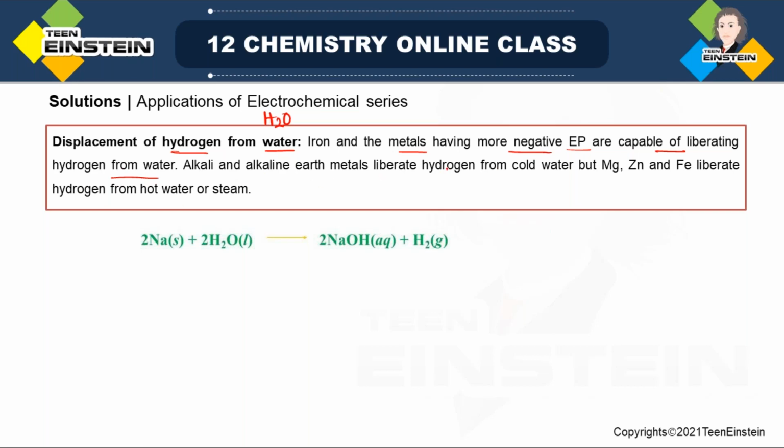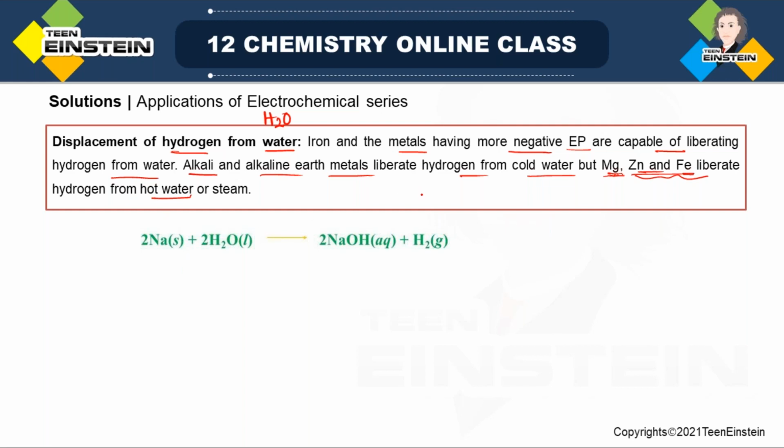But alkali and alkaline earth metals, like sodium, magnesium, calcium, etc., can liberate hydrogen even from cold water. But Mg, Zn, and Fe, though Mg is actually also an alkaline earth metal, this is an exception. These elements, two being from the D block, can liberate hydrogen from hot water.